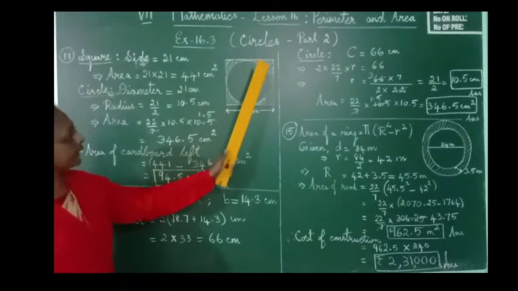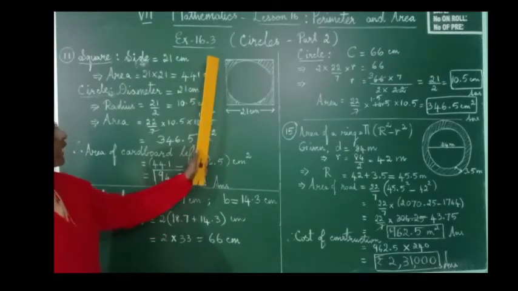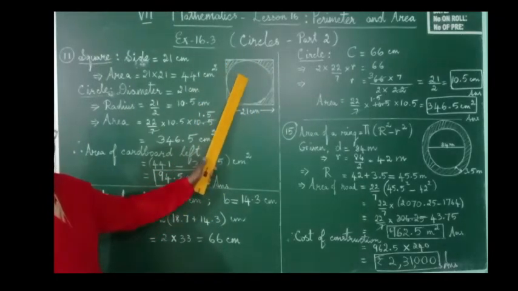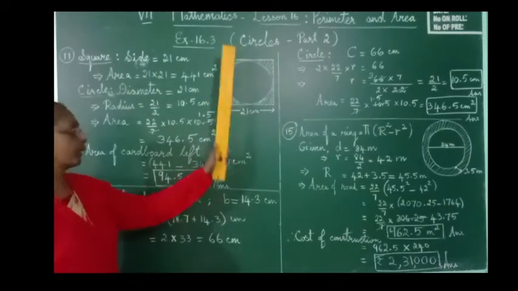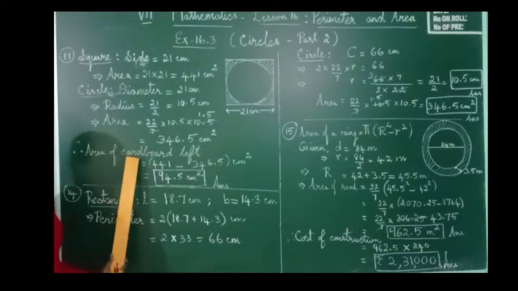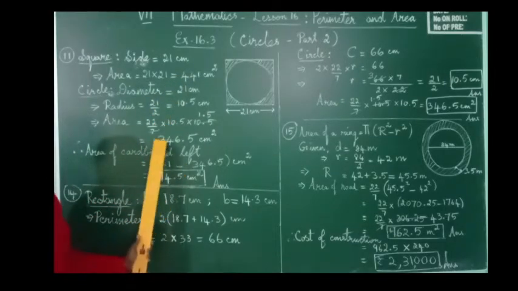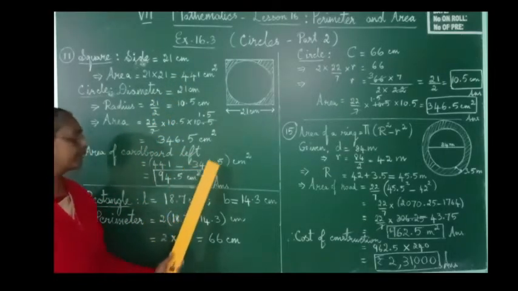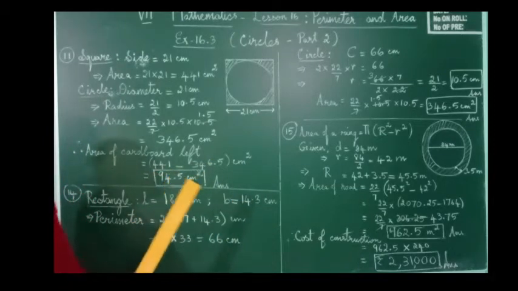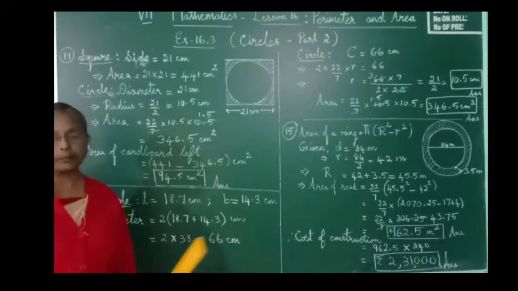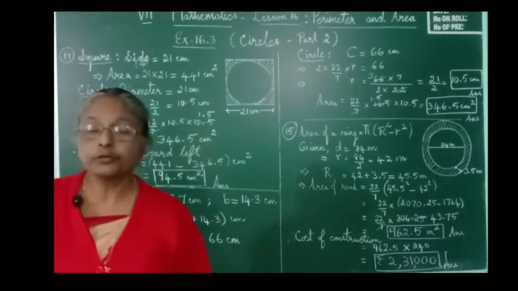Now, how to find the area of the cardboard left? We have to subtract the area of the circle from the area of the full square. So, area of cardboard left is equal to 441 minus 346.5 centimeters square, which is 94.5 centimeters square. That is the area of the cardboard left. That's what we are asked to find.